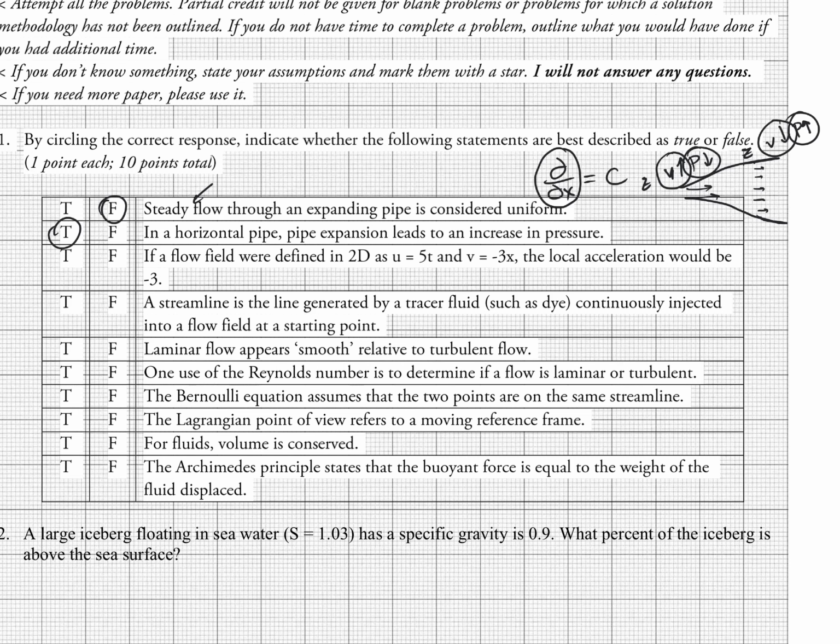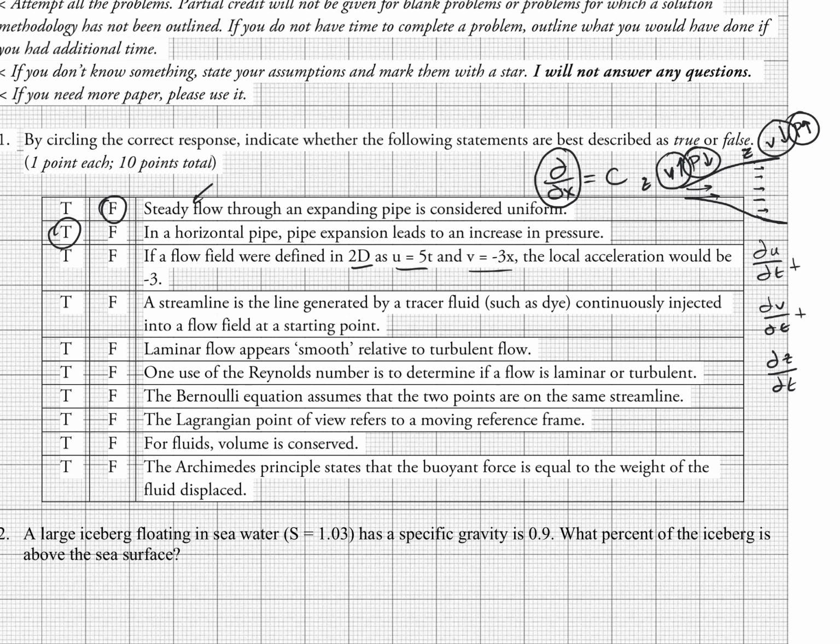Okay, if a flow field were defined in 2D as u equals 5 times time and v equals negative 3x, the local acceleration would be negative 3. So local acceleration is defined as du dt plus dv dt plus dz dt.